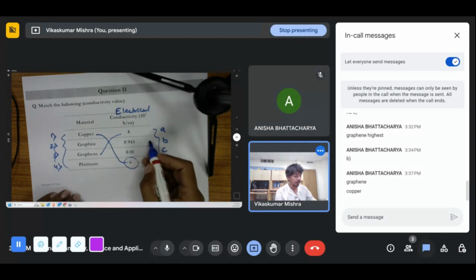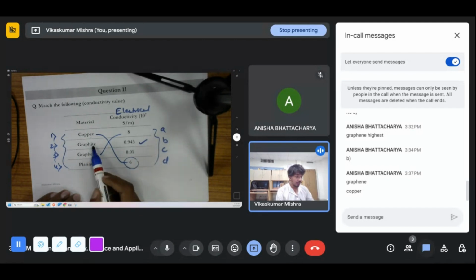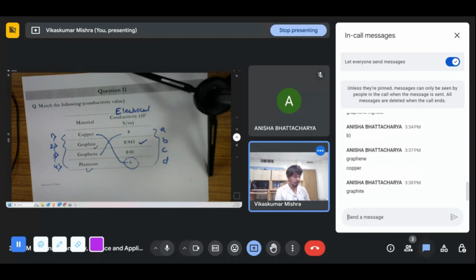Okay, let's select this particular value, 0.946. The next one, we are having the graphite and the platinum. Now among these, which one is having the more conductivity? It's the platinum. And the graphite is coming somewhere over here.